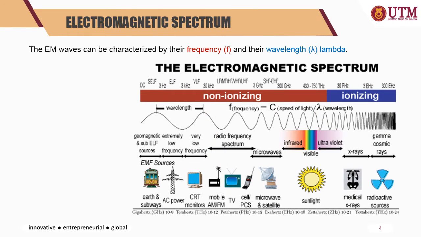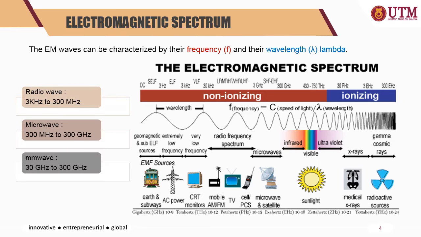Okay, the slide shows the electromagnetic spectrum. As mentioned earlier, the wireless communication principle is based on the transmission and reception of electromagnetic wave, and the electromagnetic wave or EM wave can be characterized by different frequency and wavelength lambda.